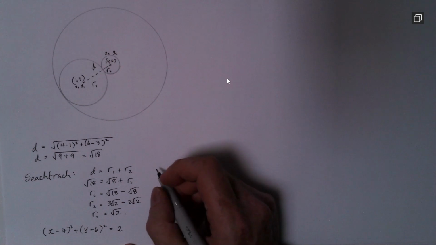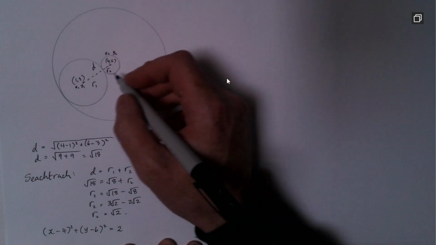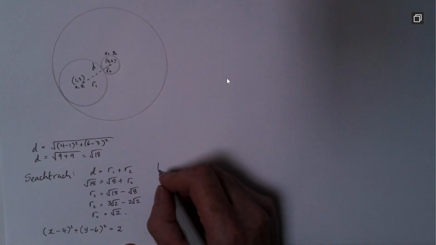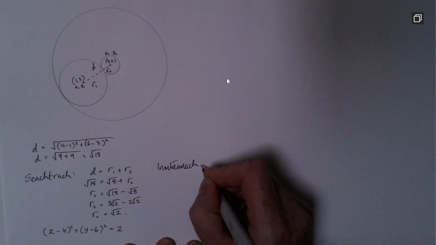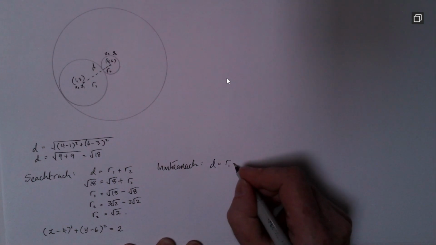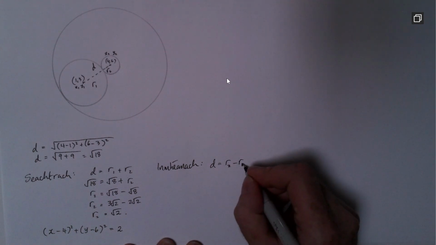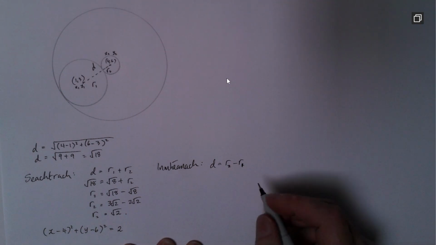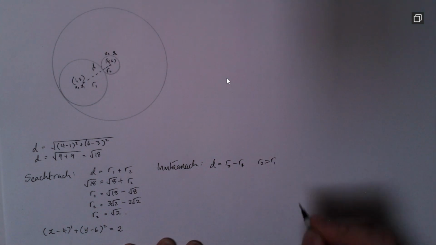Now for the second circle, the internal one. Internal tangency: d equals r1 minus r2, or in this case r2 minus r1, the big one minus the small one.